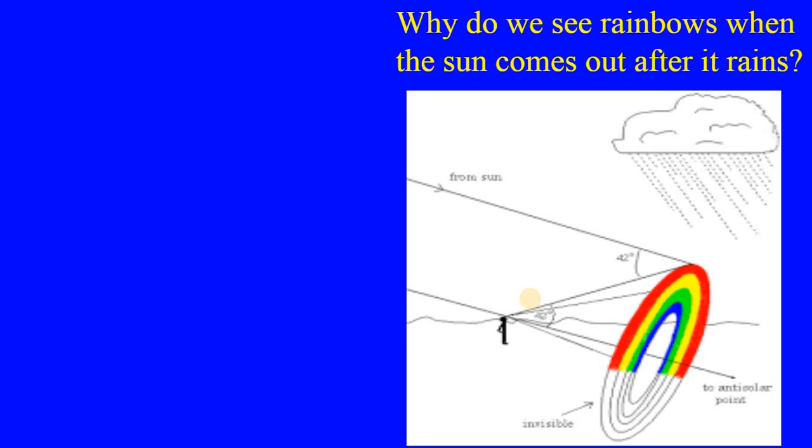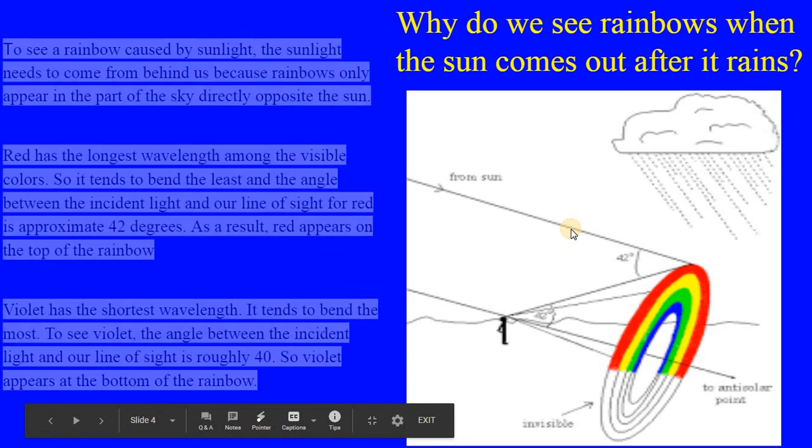It's the water droplets acting like the prism in the sky, creating the sight that we see. And remember, the rainbow is not just that arc. It is not just a 2D object, it's a 3D object, but we just don't see the bottom part because that's invisible to us.